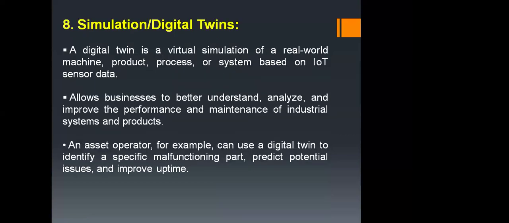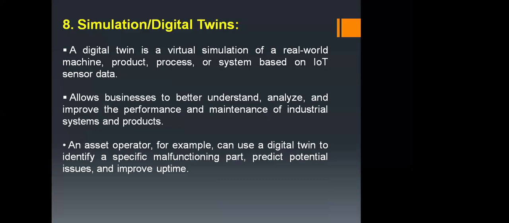Number 8, digital twins or simulation. A digital twin is a virtual simulation of a real-world machine, product, process, or system based on IoT sensor data. These digital twins allow a business to better understand, analyze, and improve the performance and maintenance of industrial systems and products.